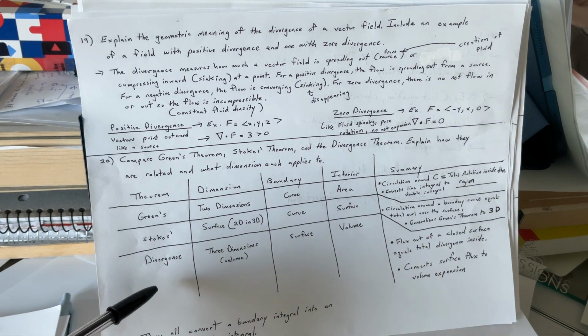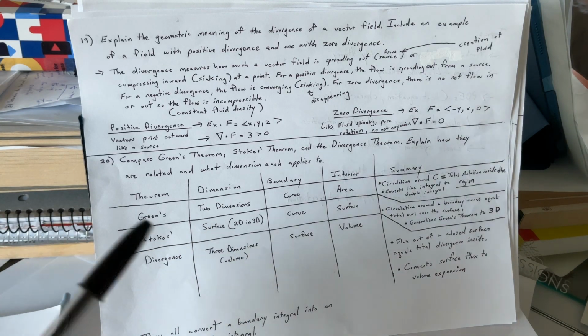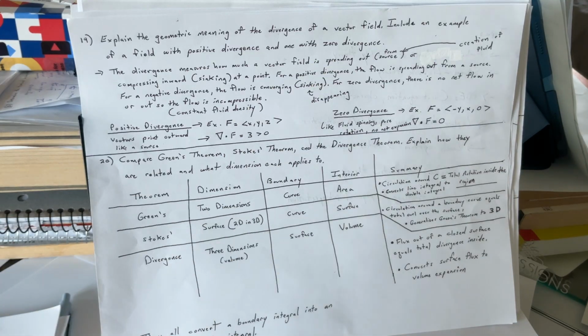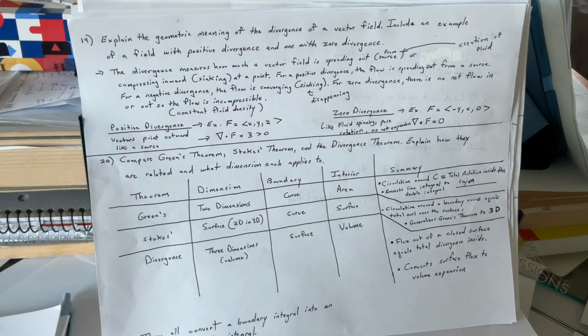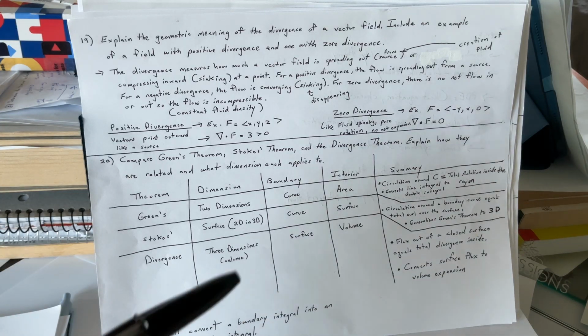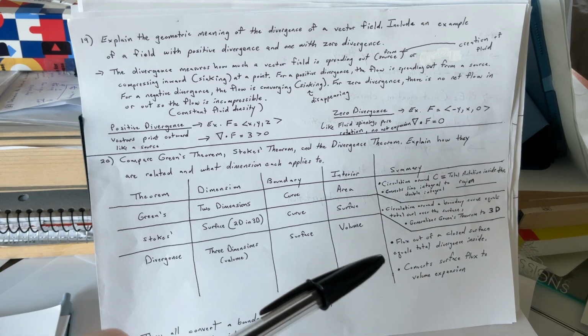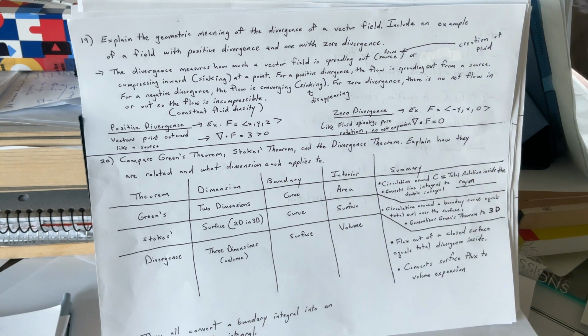Now, divergence, dimension, 3 dimensions. Think divergence, think volume. The boundary is a surface, an entire surface. The interior, we're looking for the volume. And here's the summary for divergence. Think flux. Flux out of a closed surface equals the total divergence inside.